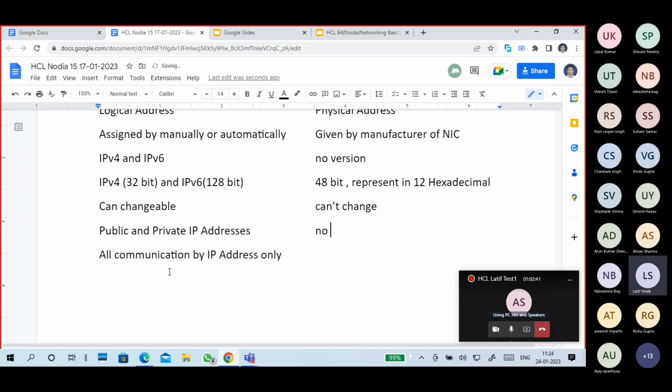Here there is no public, no private kind of stuff. That's a public address. It is a private IP address, but it works only in LAN. So it's only one LAN. It is not even a LAN-WAN kind of stuff. It is a different type of communication.